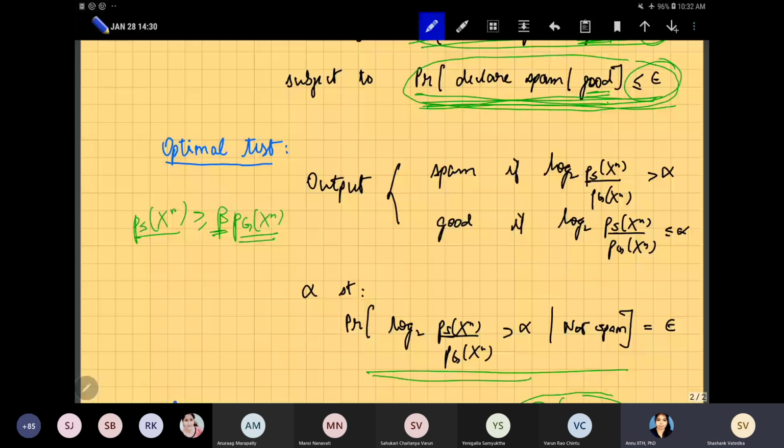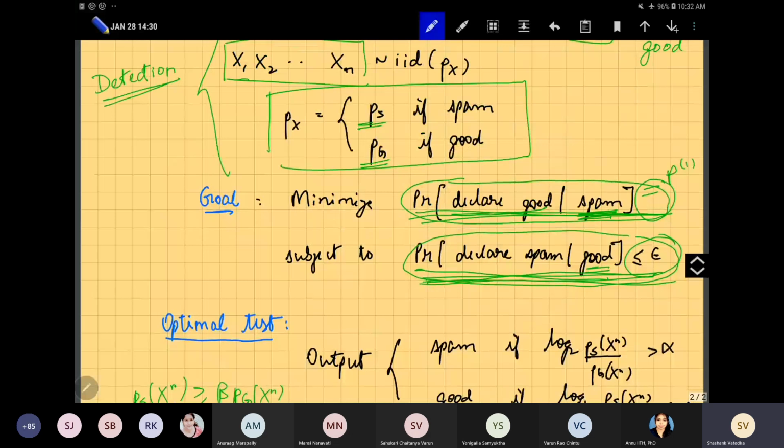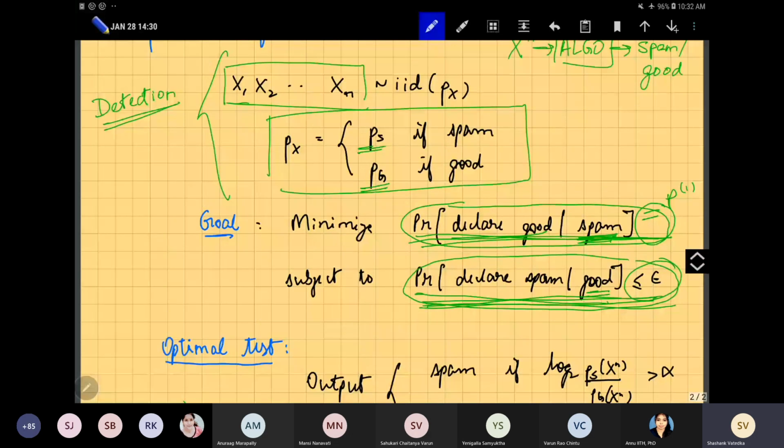Okay, so in practice, you would have estimated P_S and P_G, right?